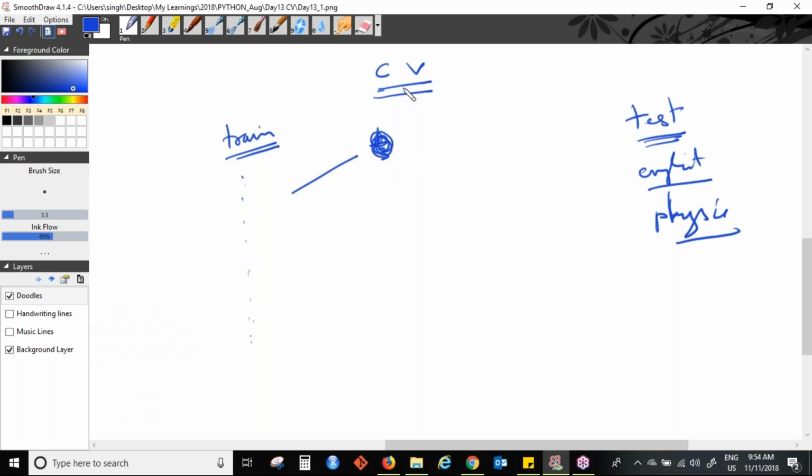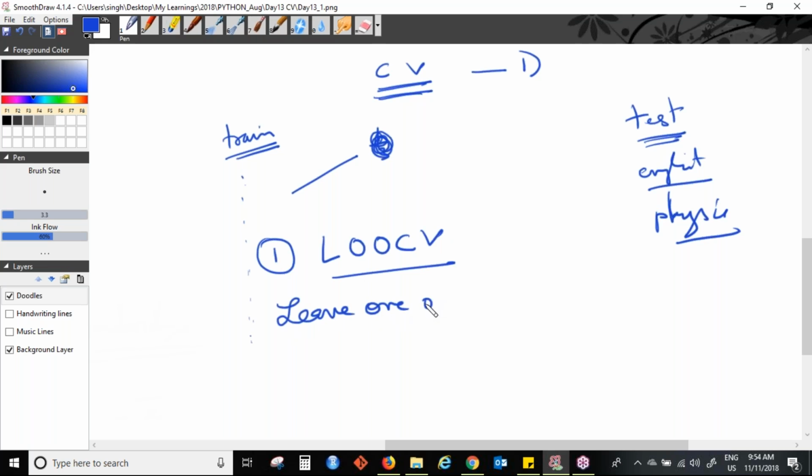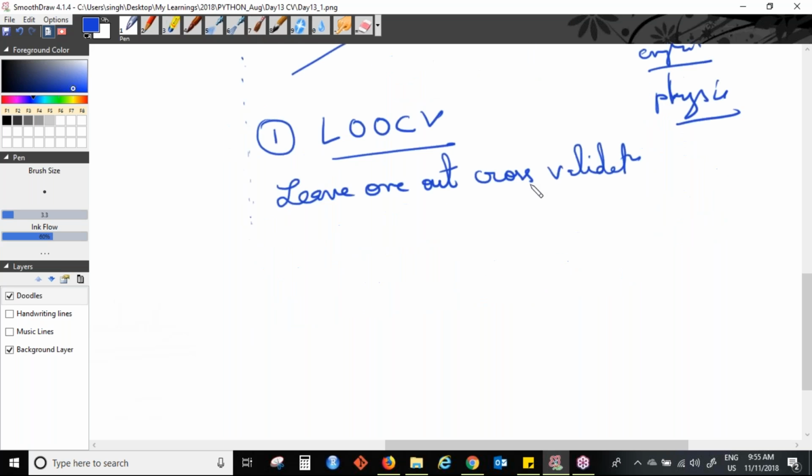So what I will do, from the training itself, I will take 1/3 of the data, or let me explain to you. Let me explain the first approach in cross validation, which is leave one out cross validation. Now, what is this leave one out cross validation? Let me explain.